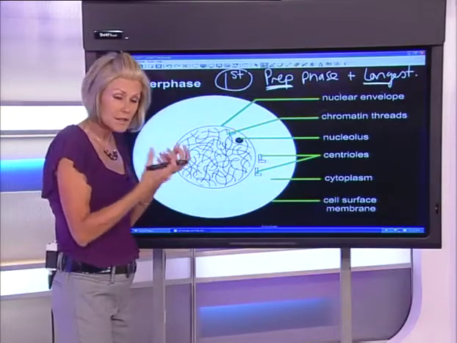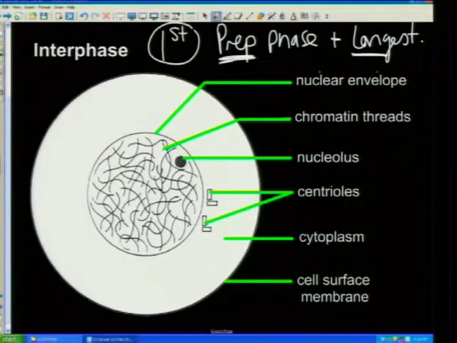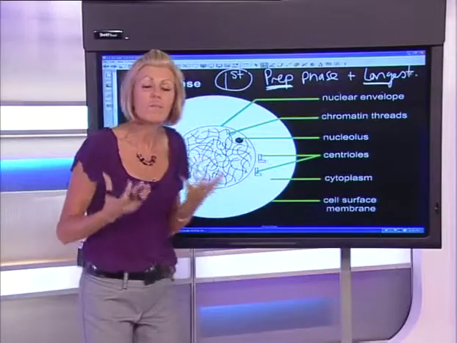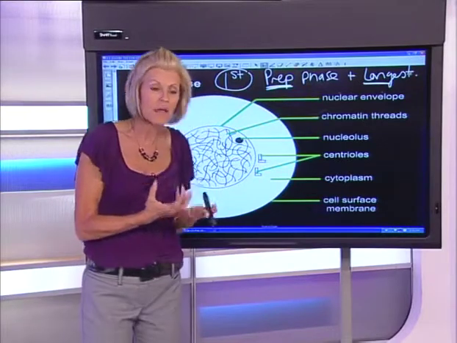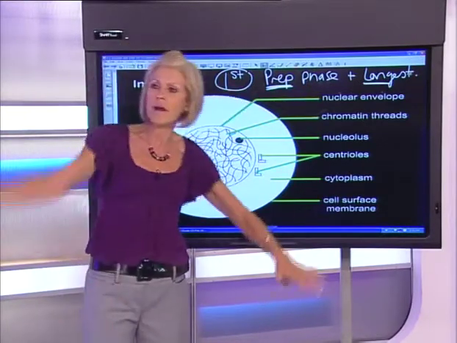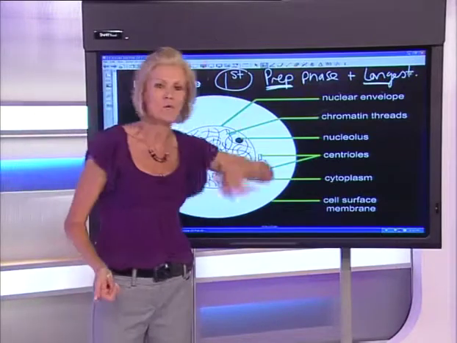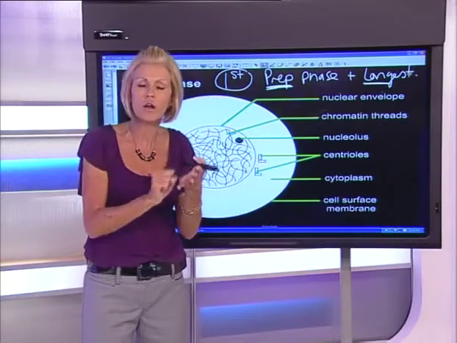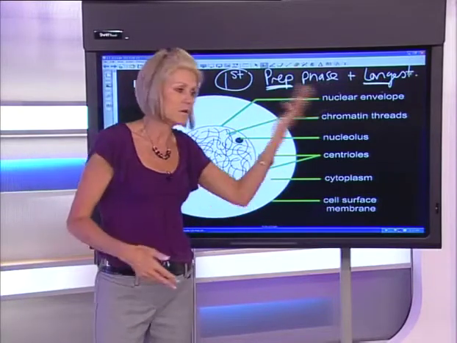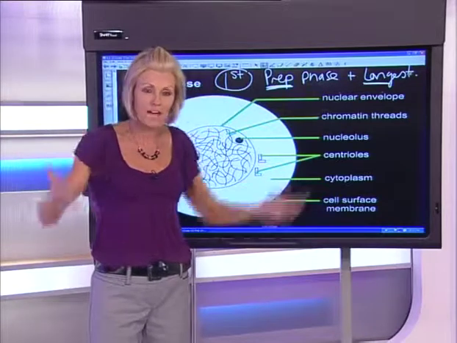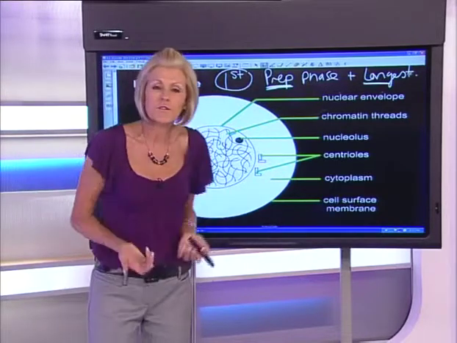We've got a cell. We are looking at a cell here, and here's the cell membrane, okay? And the nucleus is enlarged. Because can you imagine if we tried to draw mitosis in a cell that has a Golgi apparatus and smooth ER and rough ER and mitochondria all over the show, and if it is a plant cell, a couple of plastids, so leucoplast and a big vacuole, you would get so confused you wouldn't know what you're doing.